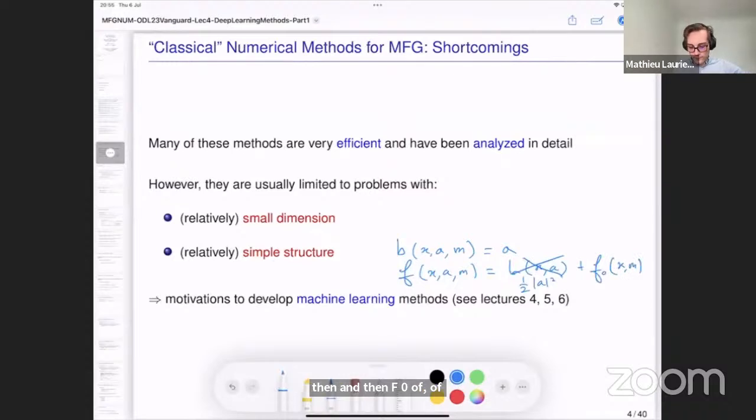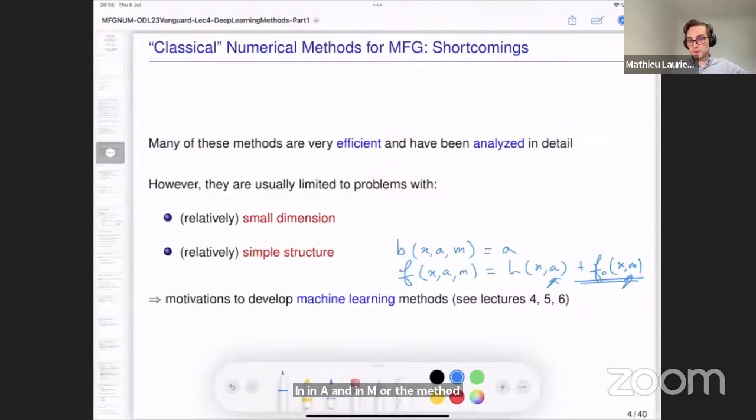So we don't have to take a square. I think many results are more general than that, but it's quite common to assume a separate dependence in a and in m, although the method works even beyond that.